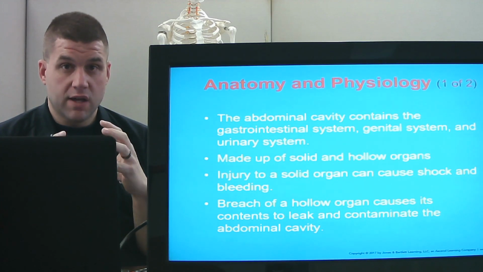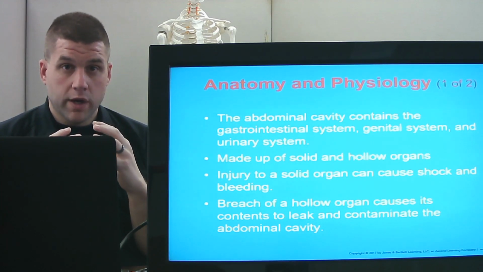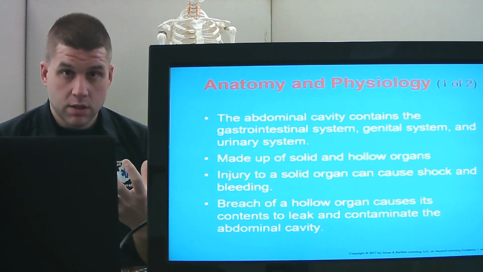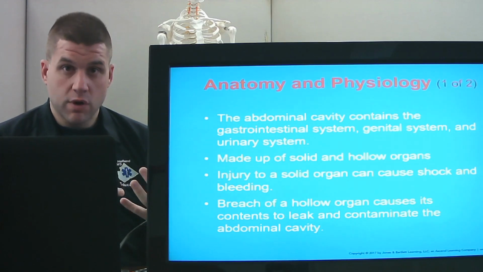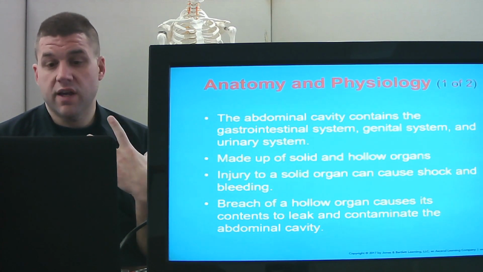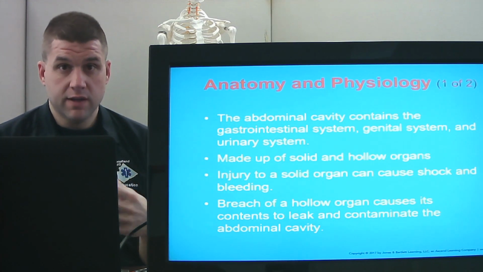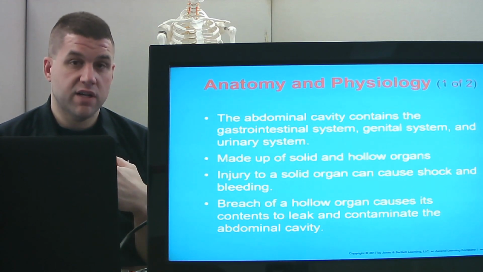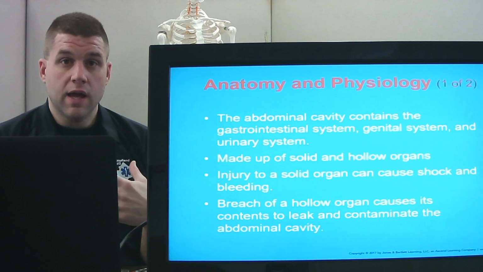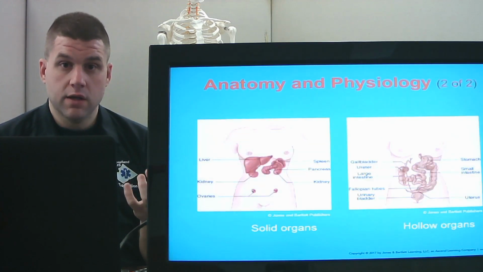So that solid organ is able to break and bleed, causing a life-threatening injury. Breaches of hollow organs can cause the contents to leak and contaminate the abdominal cavity. That can lead to sepsis, that can lead to infection, and those are life-threatening injuries.